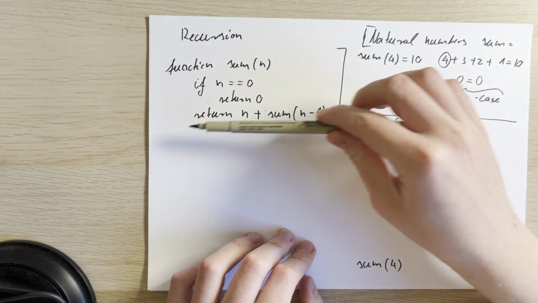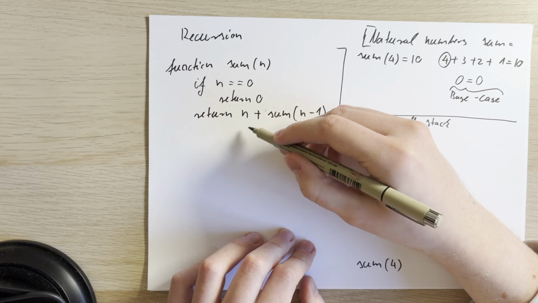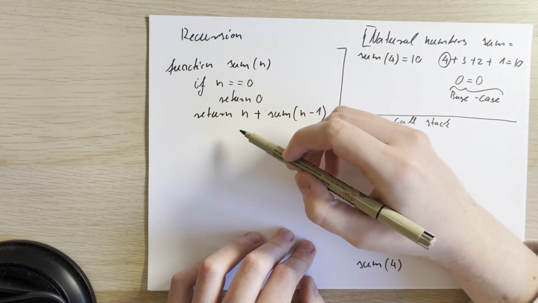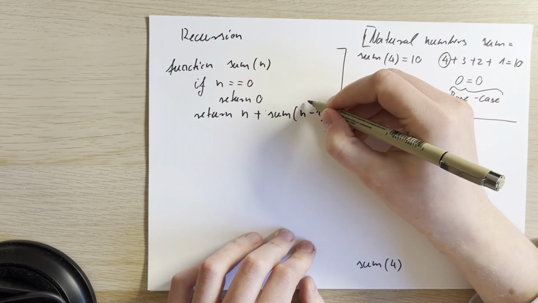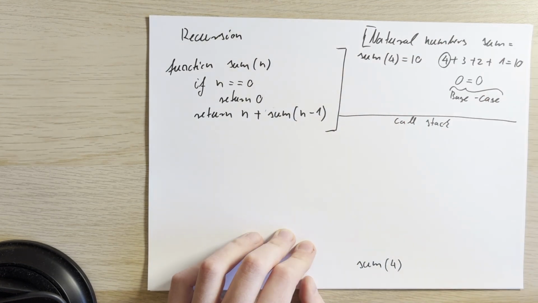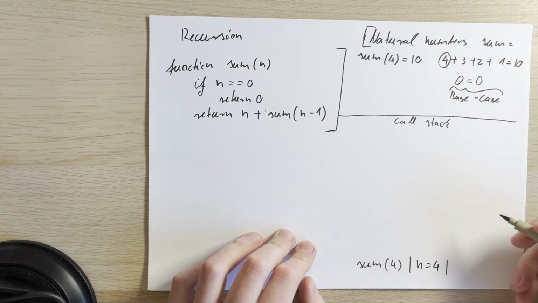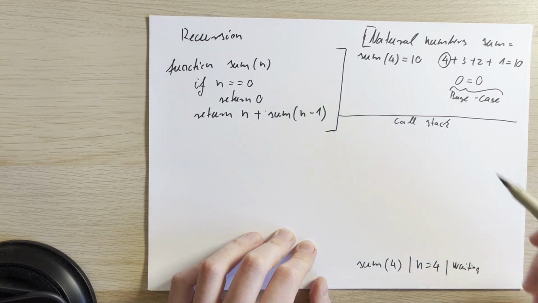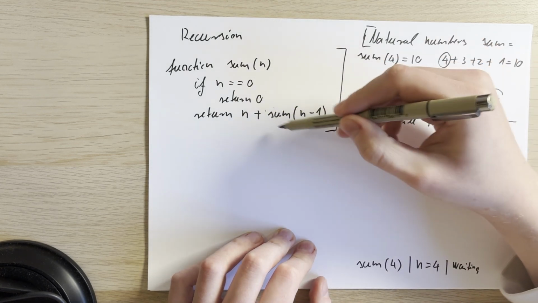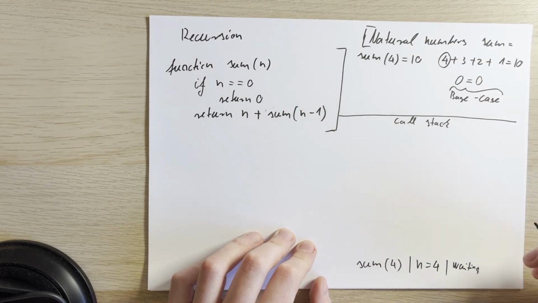It goes to the next line, where we replace n with 4 and return 4 plus sum of 4 minus 1, which evaluates to 3. We know n is 4, and this will be waiting because we don't know what sum of n minus 1 is going to evaluate to.